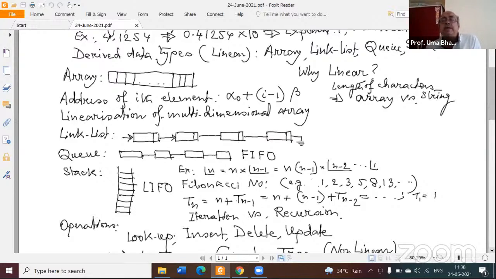And the other thing is, it's a very common question in computer science, IT, etc., that these data types are known as linear data types. Why? Because what is a line? How do you define a line? A line is a sequence of points.